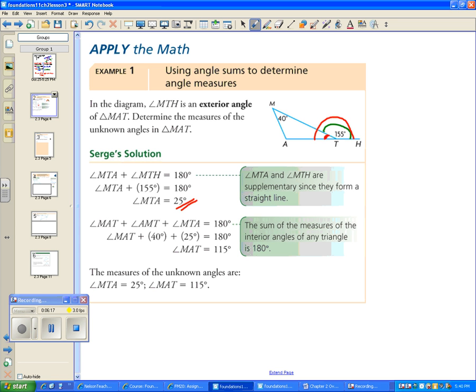Then he knows that all of the angles in the triangle, 25 plus 40 plus something, has to equal 180. He substituted and found that that angle was 115 degrees. So we're using the fact that supplementary angles form a line and the fact that the interior angles of a triangle add up to 180, which we proved.